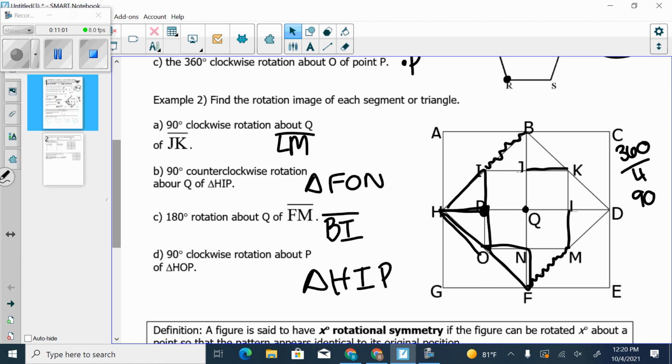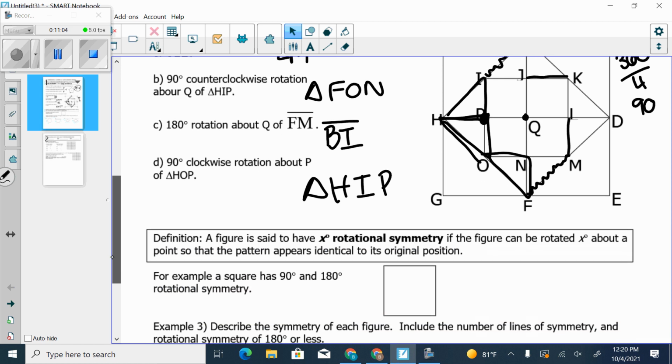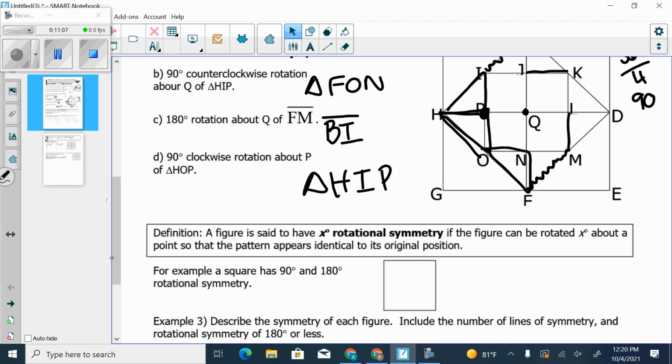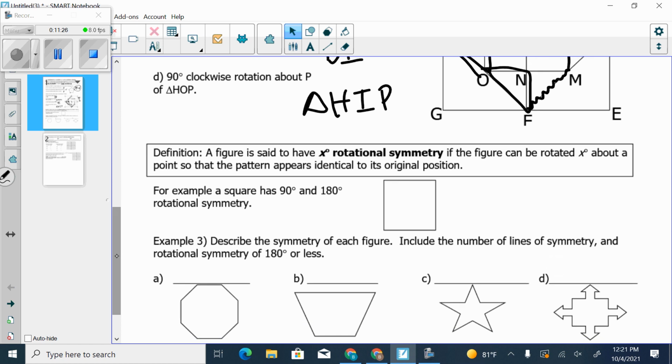Okay. So in the next section, they give us another definition, and this definition says that a figure is said to have X degree rotational symmetry if the figure can be rotated about X degrees points so that the pattern appears identical to its original position. So what's important for us to remember here is that rotational symmetry can't be larger than 180 degrees.